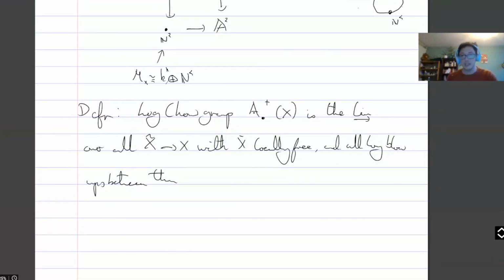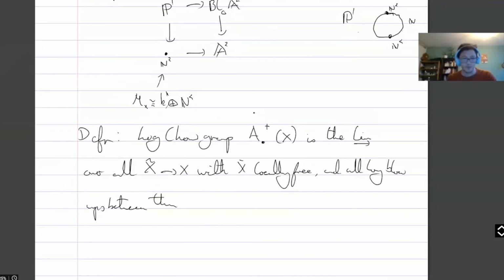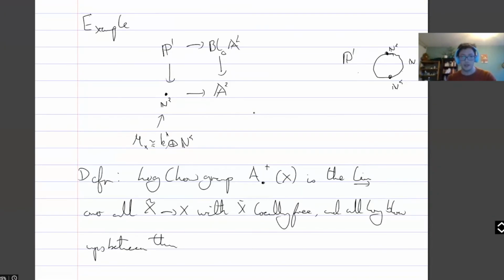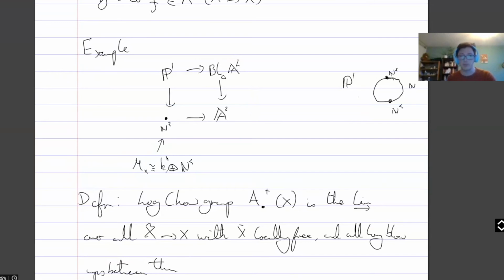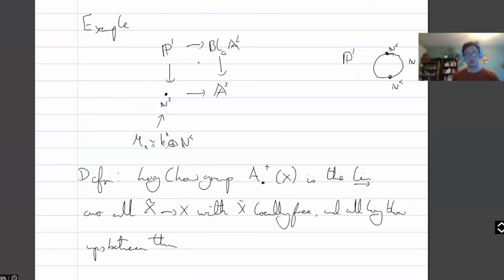Okay, so this defines for you some collection of groups, and the claim is that this has all the properties that you would want. I want to make one statement clear, that this gluing here is actually functorial with respect to different composition of blowups.